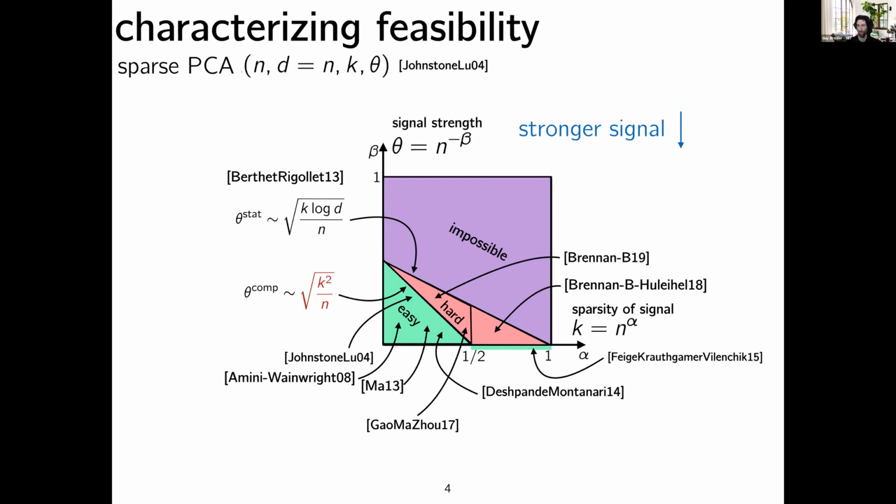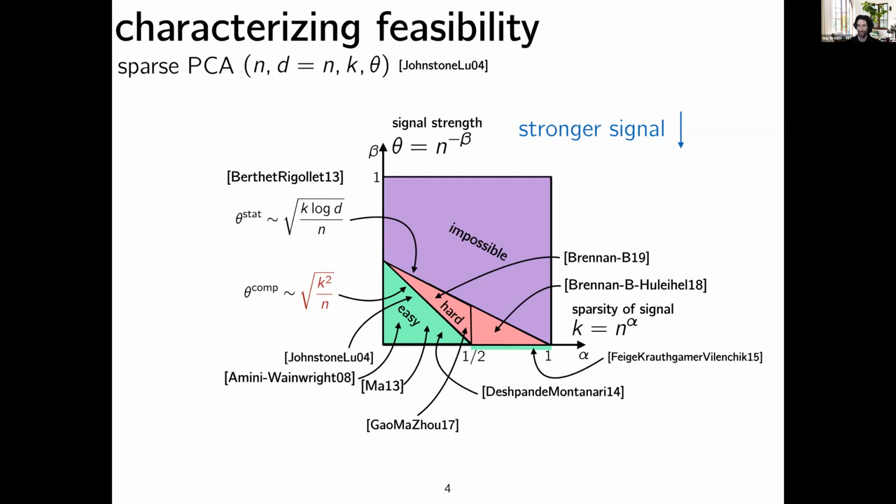And then there's a hard regime where it's believed to be hard, and there are various forms of evidence indicating that it's computationally hard, but it is feasible in principle if one is willing to invest massive amounts of computational power. This problem is pretty well understood because there's this demarcation of every possible parameter into one of the three regimes. So this is a success of the field.